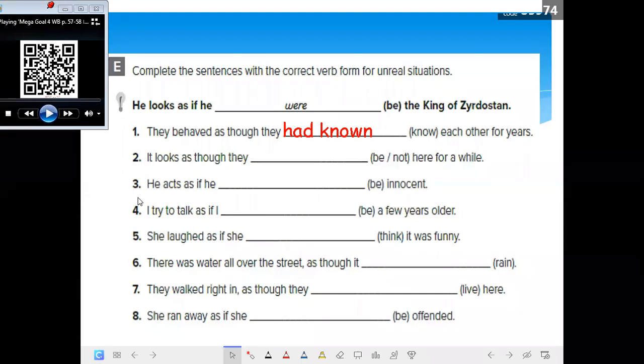Now to answer number 2 for you to know how to answer these sentences. Okay, as you see, for number 2 he says it looks as if they not be here for a while.